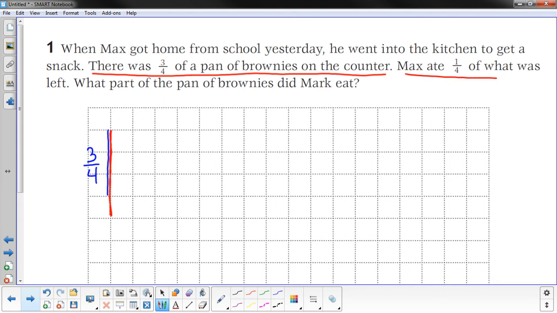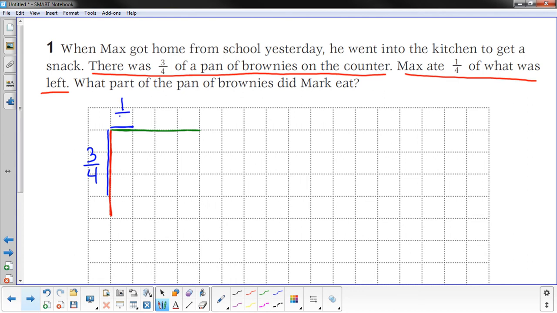Max ate 1/4 of what was left. So what I'm going to do now visually is go the opposite direction. And I'm thinking of fourths again. So go all the way across, 4 squares, that's fourths. And I just want 1/4. Right there.